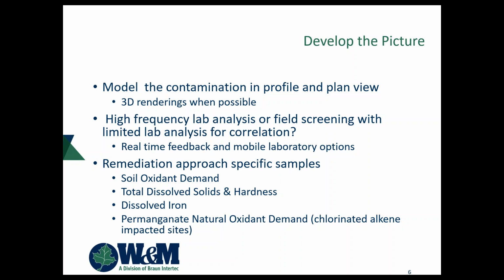That can be done in 2D representations, but whenever possible, it's really helpful to get a 3D rendering, so you can rotate it around and see if anything jumps out at you as being odd. So when budgets allow, especially on a complex site where it may go into some real big money to clean up, let's get the best information we can up front.